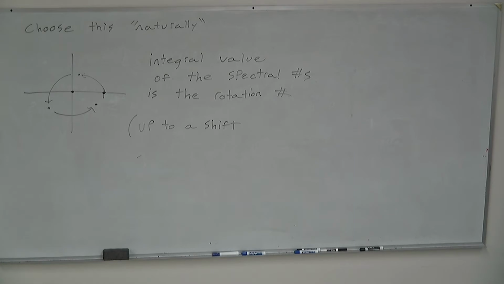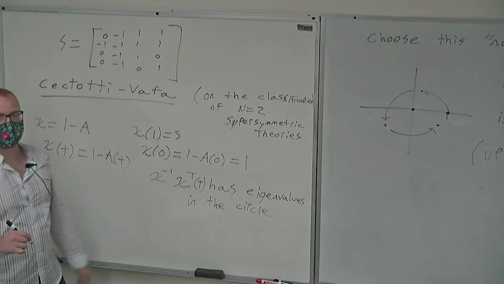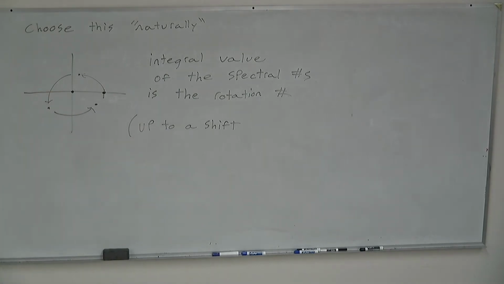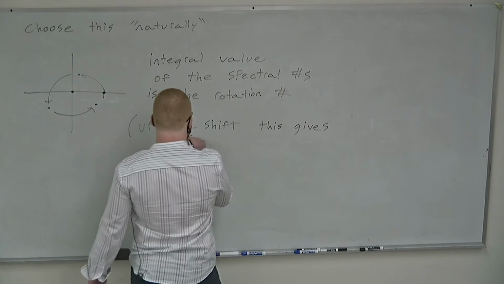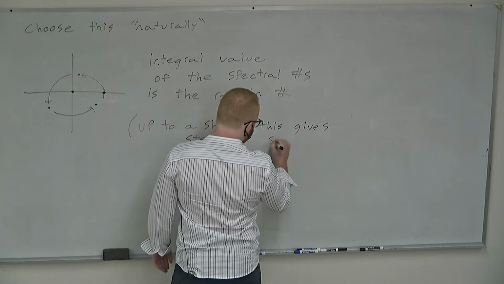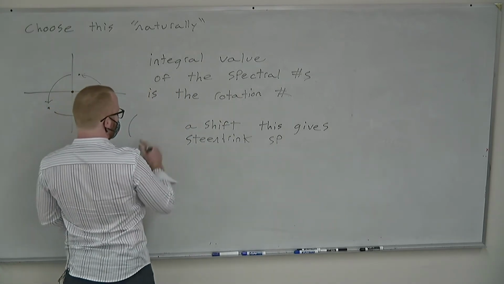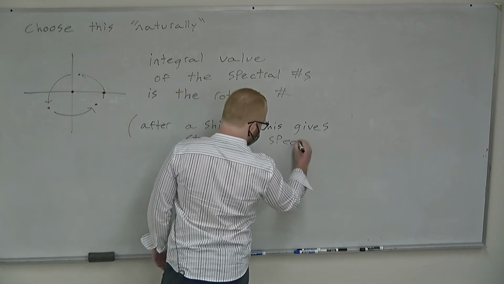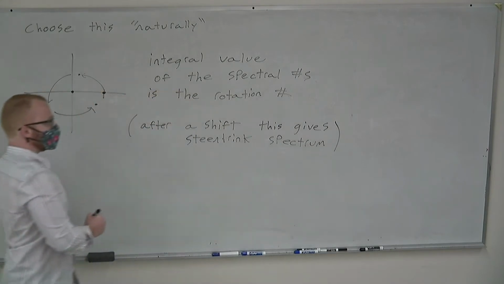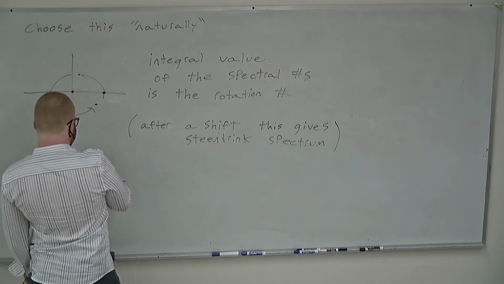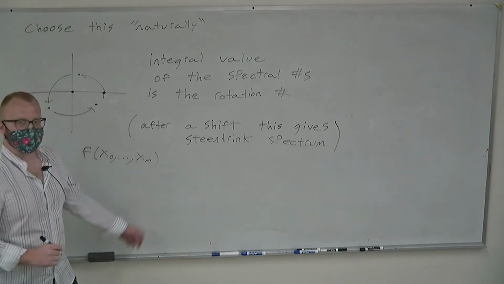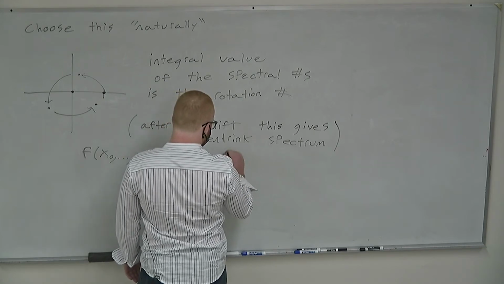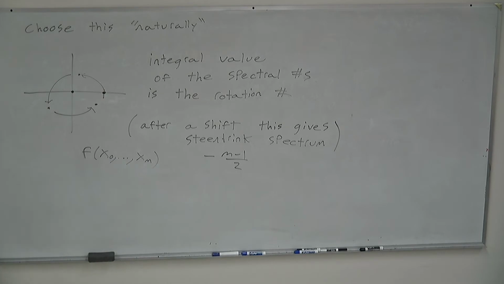This is something you can define for any upper triangular matrix with ones on the diagonal. But what they claim to show is that, after a shift, this gives the Steenbrink spectrum. And if we're looking at a function like this with m plus 1 variables, the shift is going to be minus m minus 1 over 2. That's what the shift number is going to be.